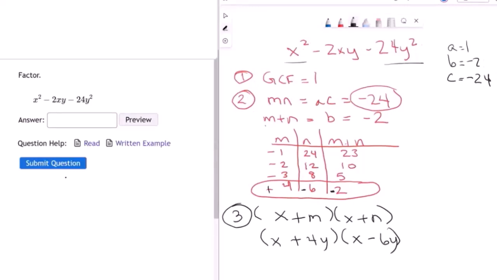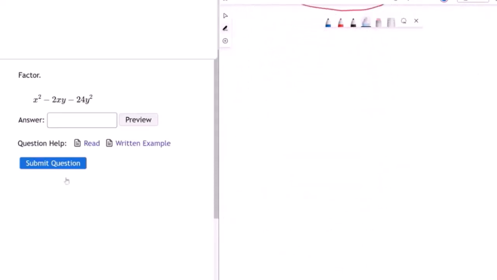And the inner times the inner plus the outer, there's 4xy minus 6xy gives me minus 2xy. It worked out perfectly. All I did is worry about the initial way to do it. And then because I have that y squared at the end, we're just going to tack the y's on at the end. But notice here, a is still equal to 1. We still can use our easier method. This is going to take some practice. Once you do this like 5 times, it'll work out.